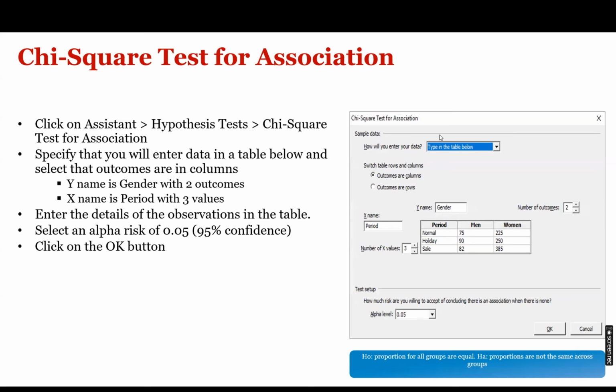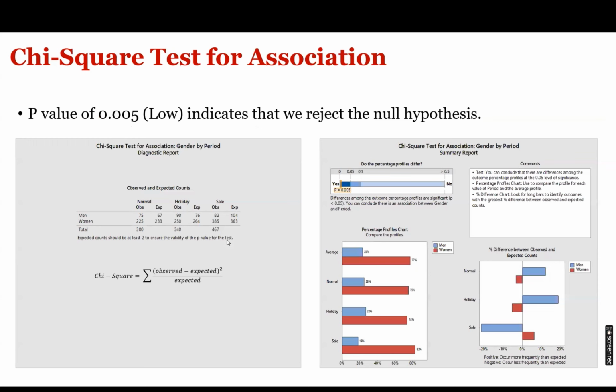Based on the selections that we have done, see it properly, the number of outcomes is two, men and women, gender, X name is period, and the number of X values is three because there are three periods: normal, holiday, sale. Based on all that we have inputted, we click on OK and we get a p-value of 0.005.